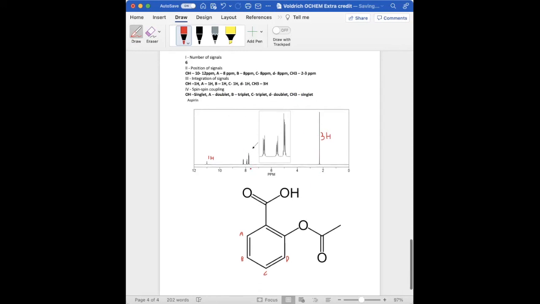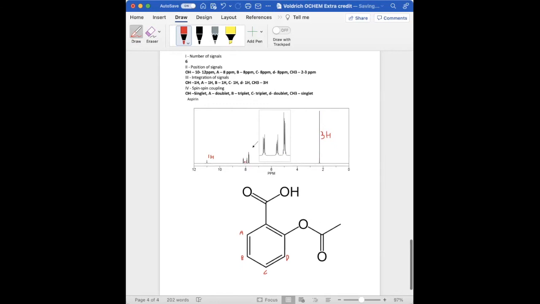Now, as we can see here, around 8, there are 3 signals, which are zoomed in on right here. Now, like I said before, hydrogens B and C have a similar environment, but they're not the same, so there will be some overlap. And if we look at this farthest downfield signal, we can see that it registers as a quartet.